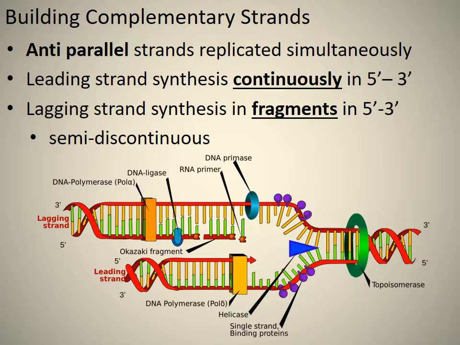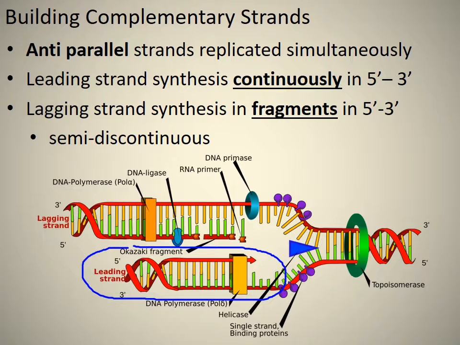Now taking a look here, building complementary strands. Again, we'll talk about the leading strand and the lagging strand. This picture on this side is known as the leading strand.